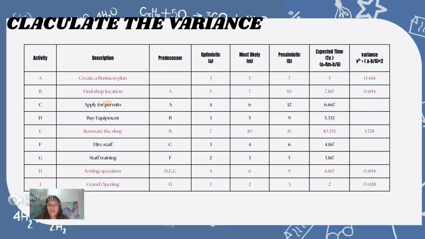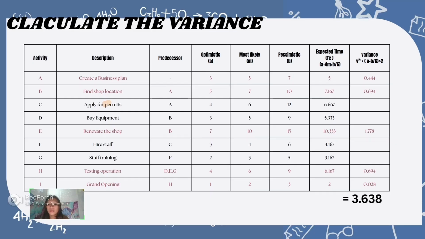So to get the project variance, we will be adding all of these activity variances: the variance of activity A plus activity B plus activity E plus activity H plus activity I is equal to 3.638.